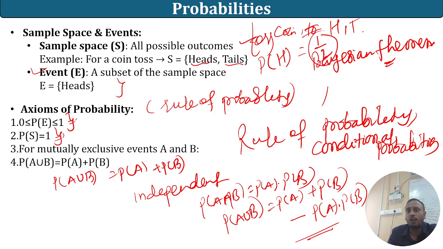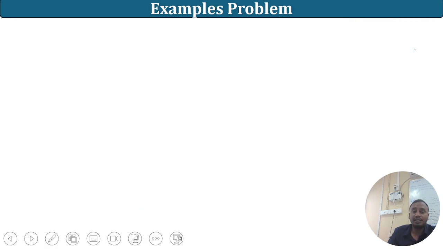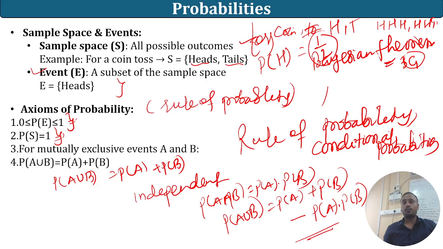It's going to be always 50-50. Or let's say one person has tossed the coin three times: head, head, head, head, head, tail. Similarly we have to follow 3C1 or something like that, and then we can get the number of outcomes in the sample space. Okay, so these are the basics of probability.